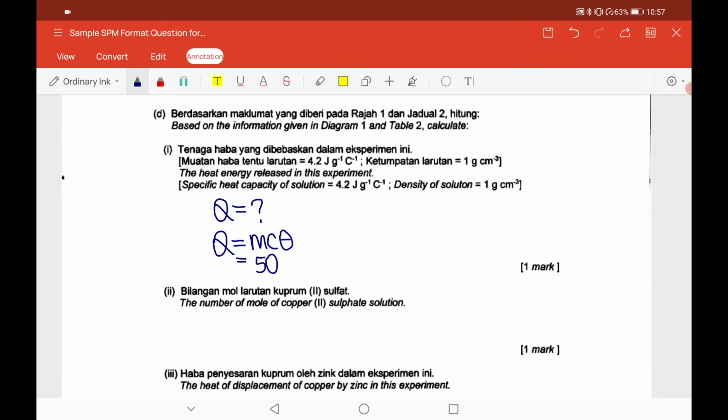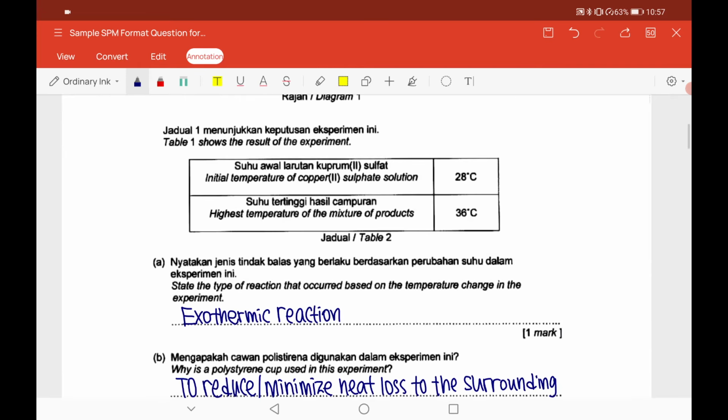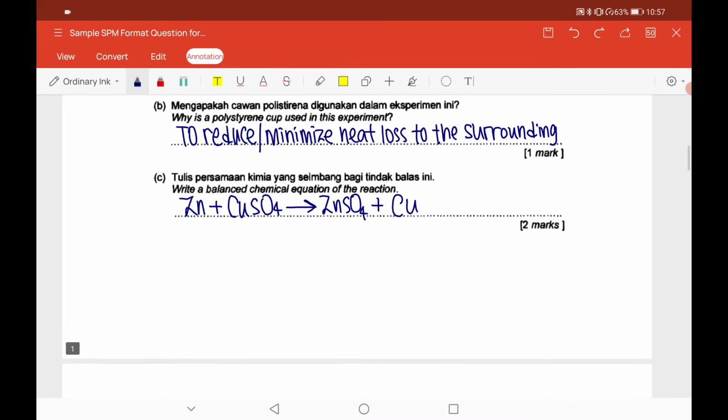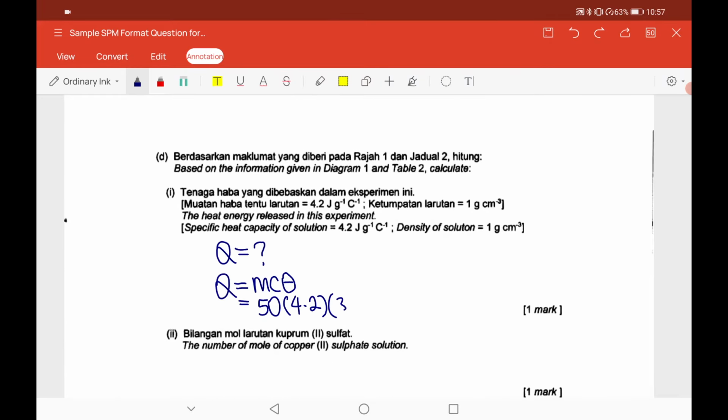C is heat capacity, given as 4.2. Theta is the temperature change. To find temperature change, take the higher temperature minus the lower temperature. The higher temperature is 36, lower temperature is 28. So we take 36 minus 28, yeah?